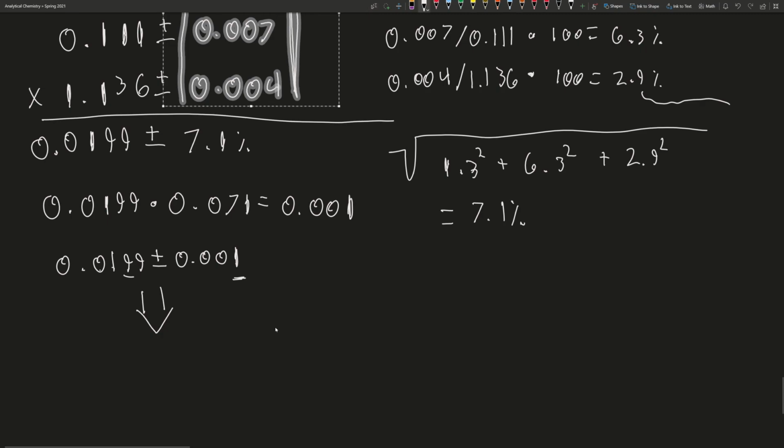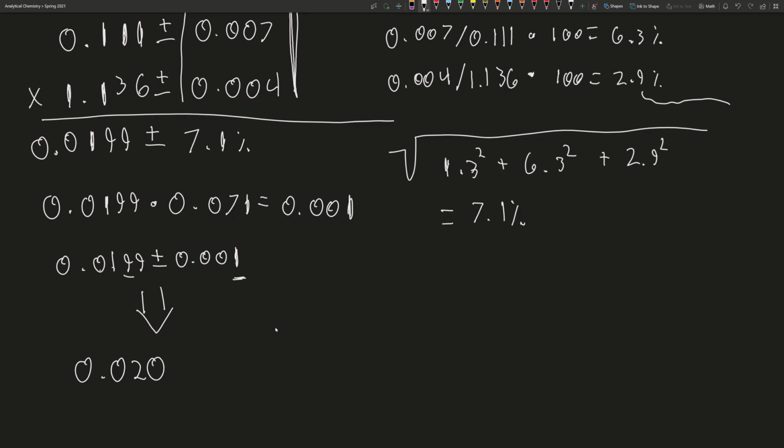So what we're going to need to do is transform this answer from 0.0199 to 0.0, well, this 9 is going to round up. So this 1 is going to turn into a 2. The 9 is going to become a 0. And then we add this plus or minus 0.001, and we're done. This would be our final answer right here.